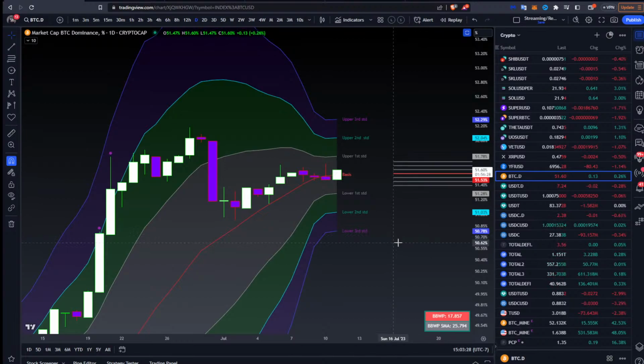From the looks of it here on the daily, I could be wrong, right? It could fail, could hit the top side here at like 52% and then fall. But anytime Bitcoin's getting set up for a big move, Bitcoin dominance goes with it, whether it's an upside move or a downside move. So, there's going to be alts that follow, some alts that beat. That's pretty rare. But it's Bitcoin season, baby.